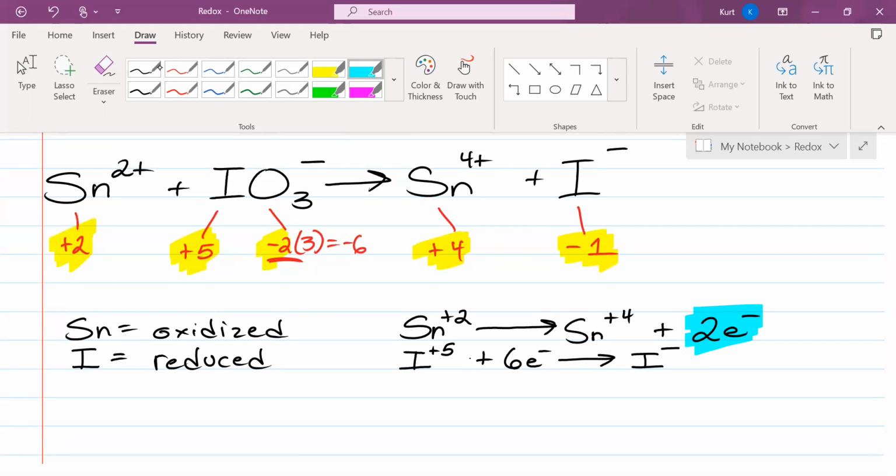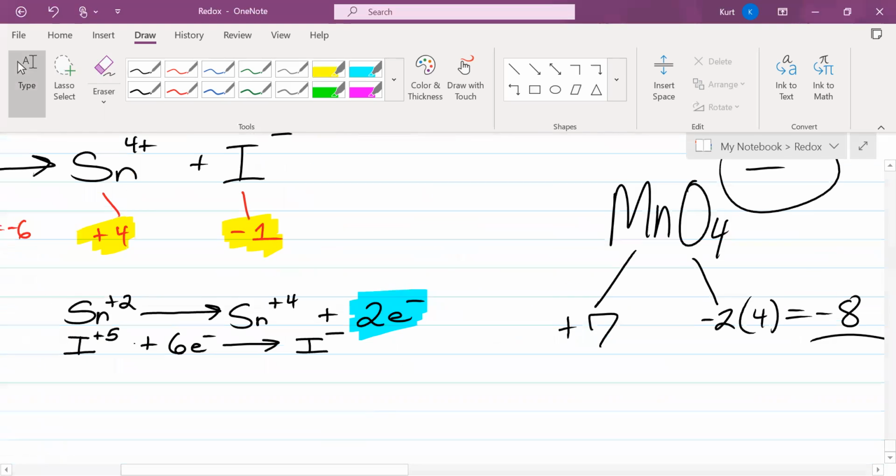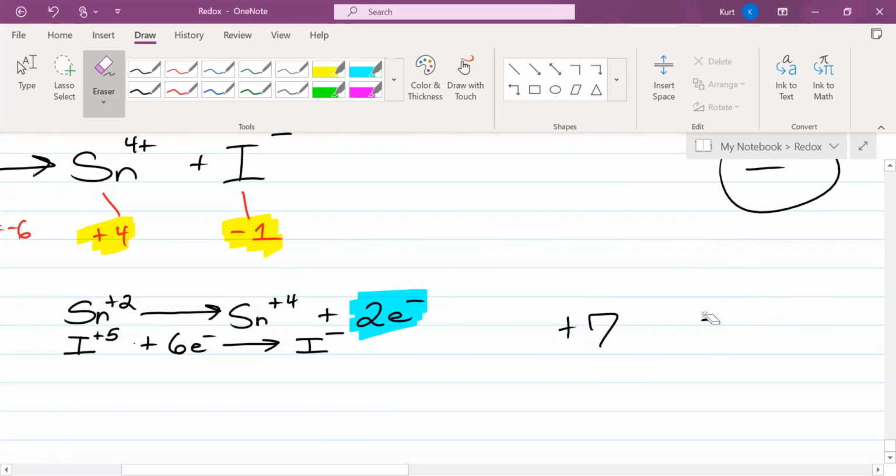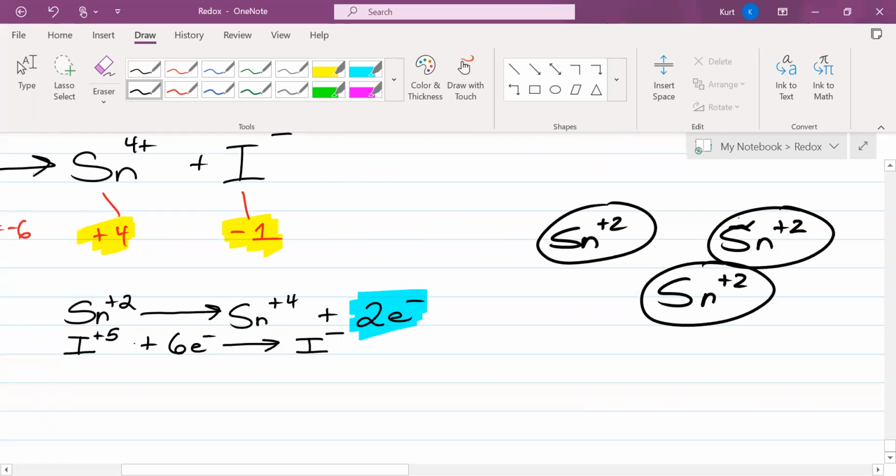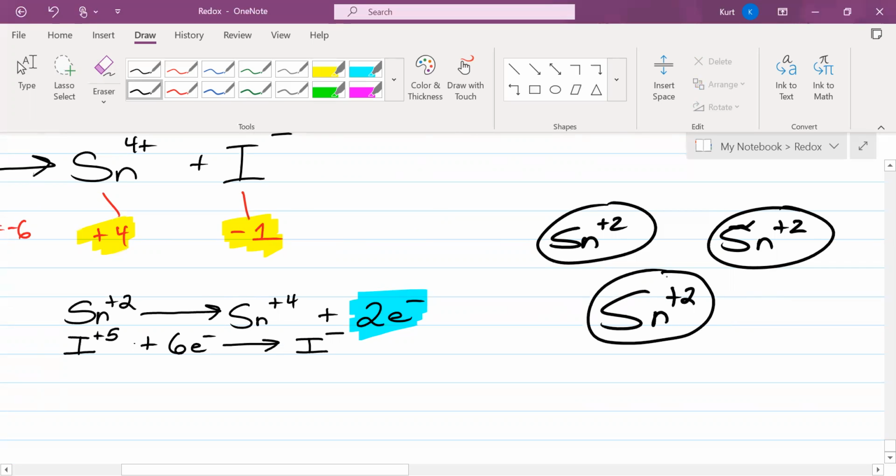So here's the idea, everybody. I'm going to give you a visual, if it helps. Here is a tin, here is a tin, and here is a tin. Derek, every tin needs to lose 2 electrons.